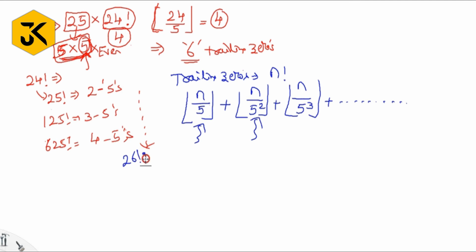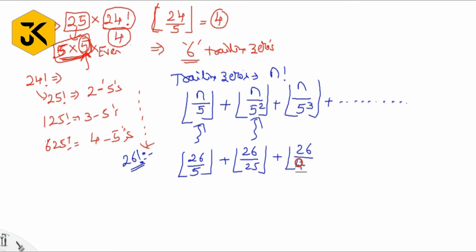Okay, for example, I want to find 26 factorial. In 26 factorial, how many trailing zeros are there? Simply substitute: floor of 26 by 5 plus 26 by 25 plus 26 by 125 and so on.